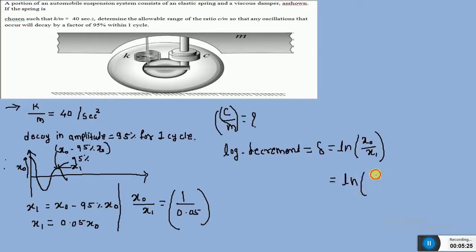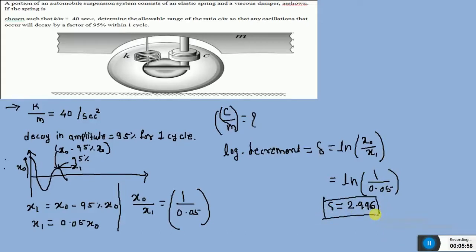So ln of 1 upon 0.05, this value is 2.99. So this is the value of logarithmic decrement.